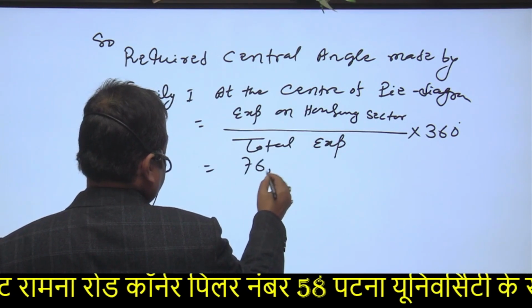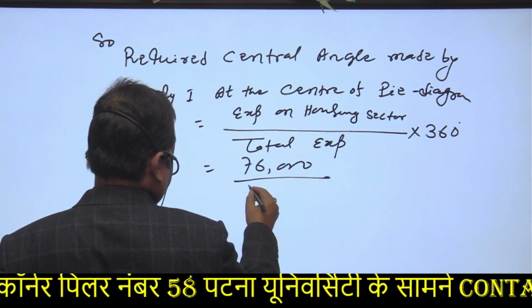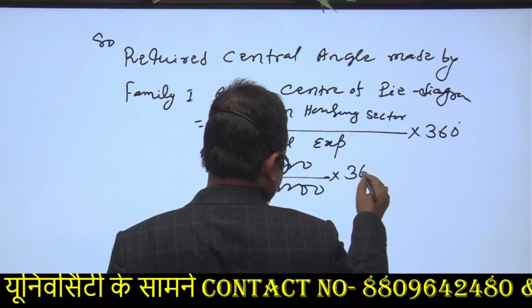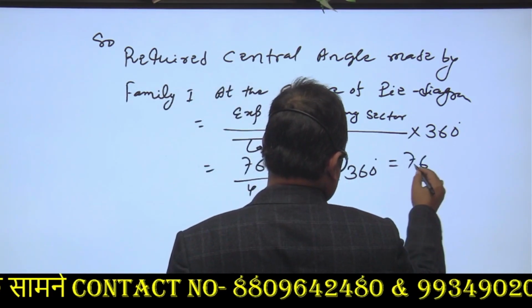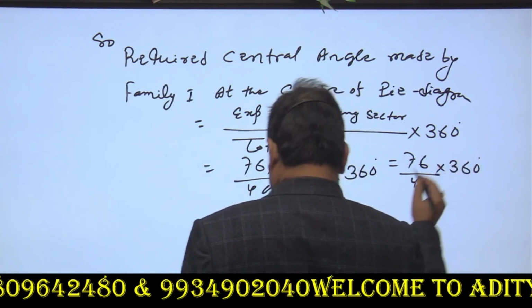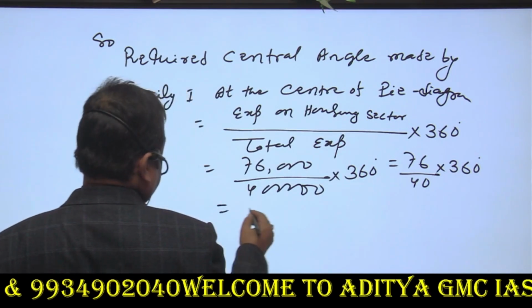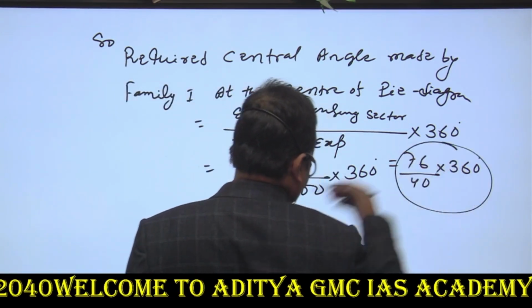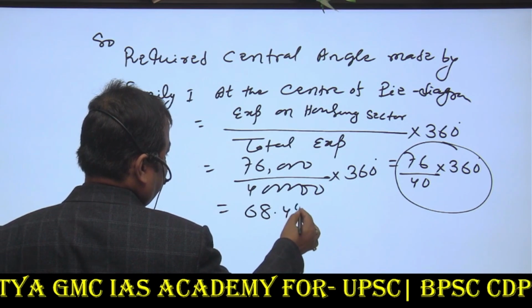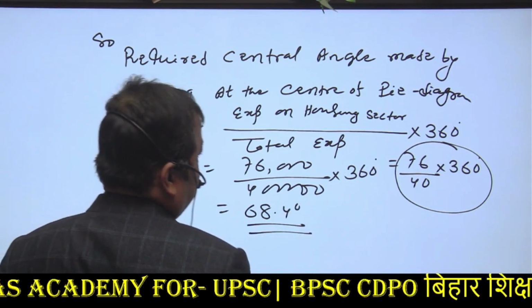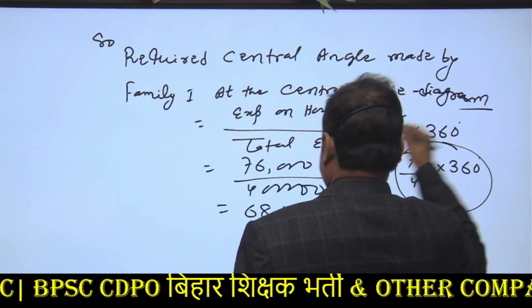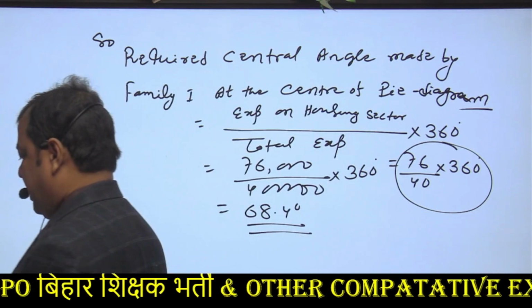So 76,000 divided by 4 lakhs into 360 equals, this operation is done by calculator, 68.4 degrees. So this is the required answer.